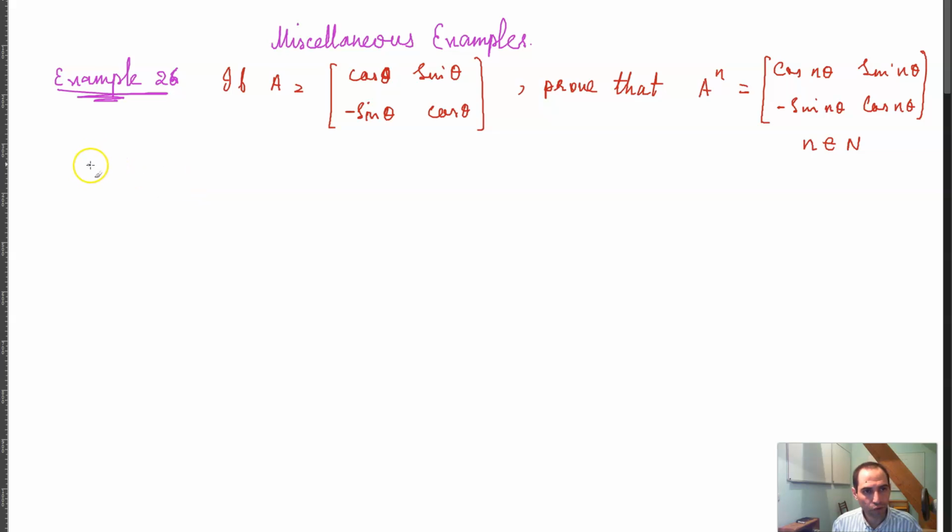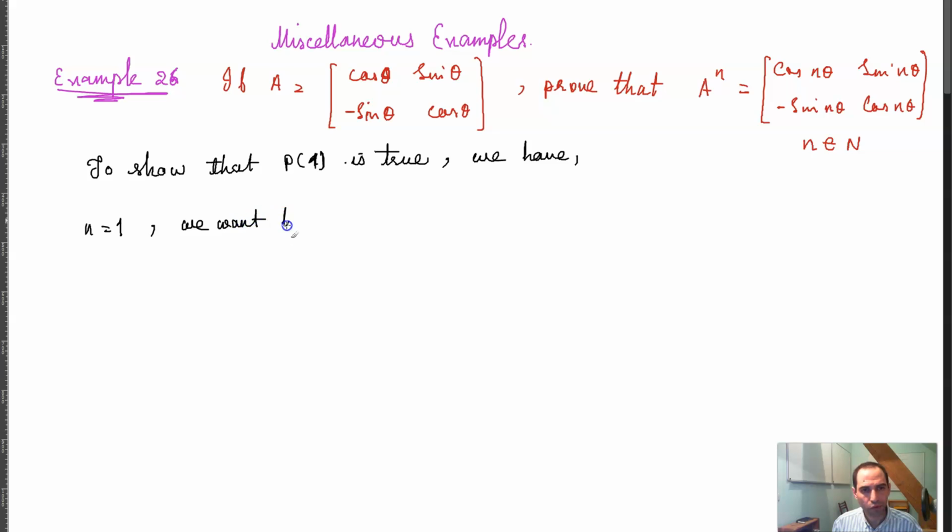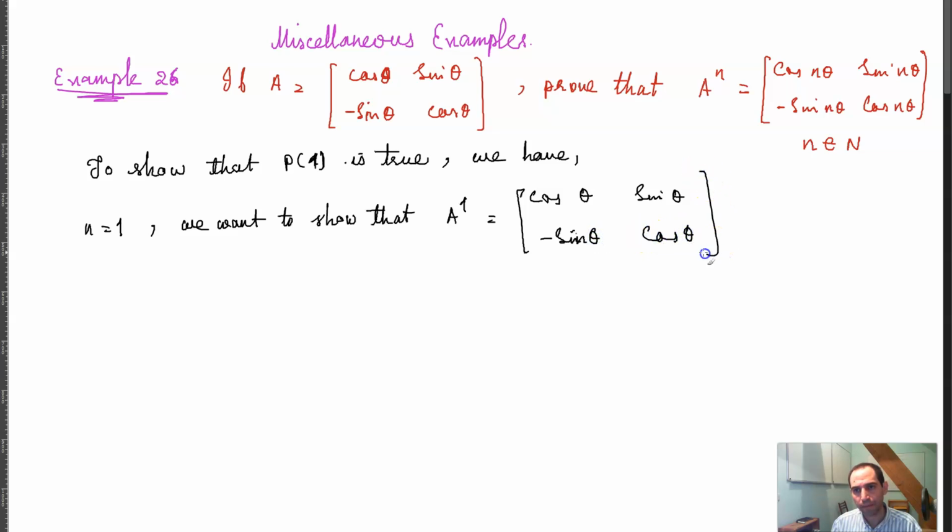To show that P of 1 is true, P of 1 means that n is equal to 1, so we want to show that A raised to the power 1 is equal to the matrix cos theta, sine theta, negative sine theta, and cos theta, right?